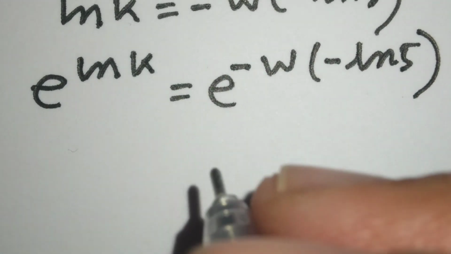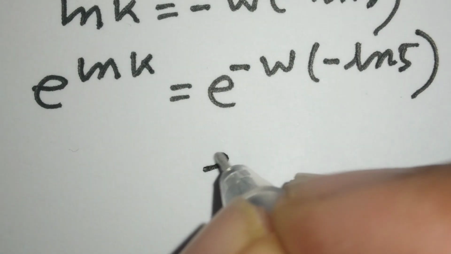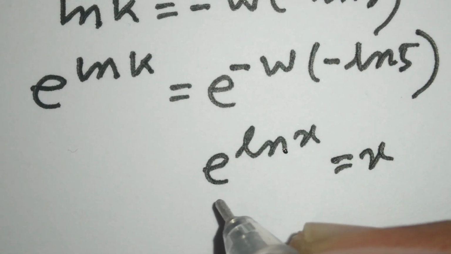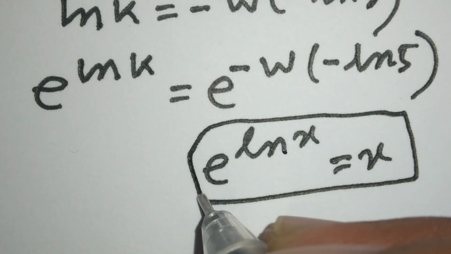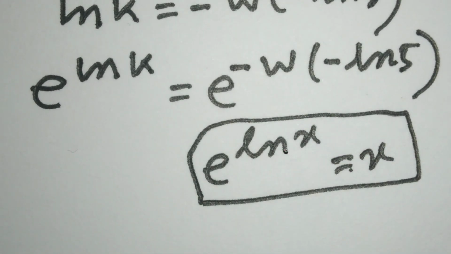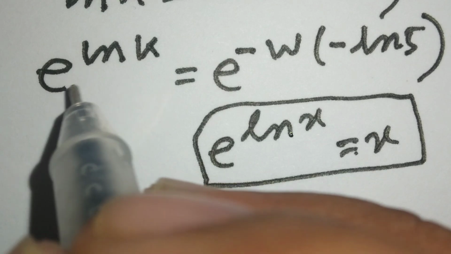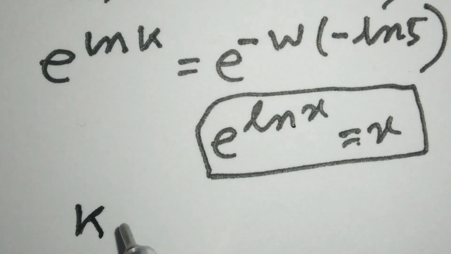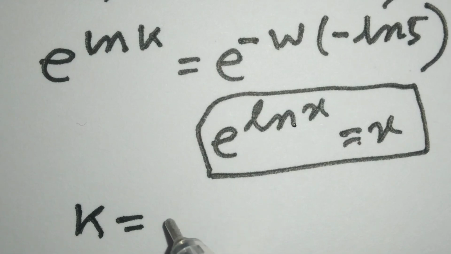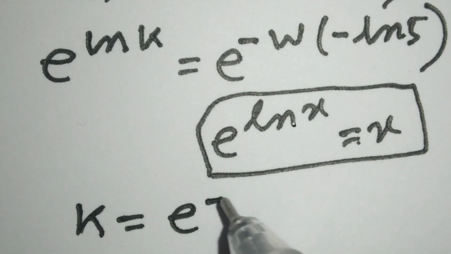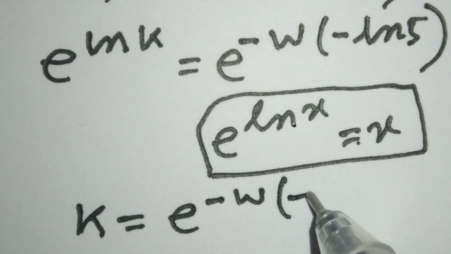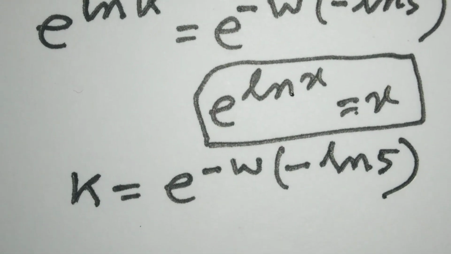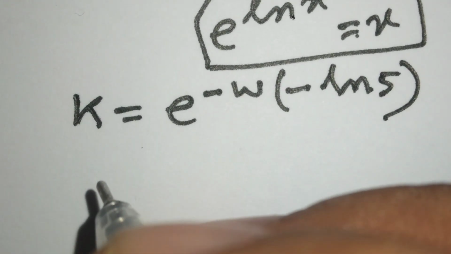We know another math property which is e to the power ln x is equal to x. According to this math property, we can write here on the left side e to the power ln k is equal to k, equal to e to the power negative sign W of minus ln 5.